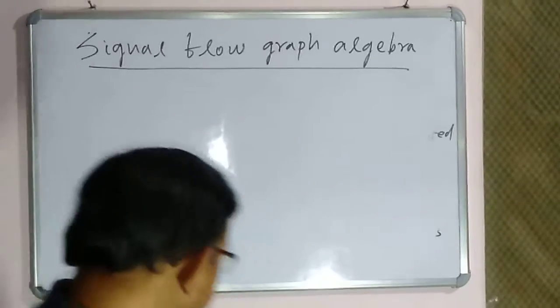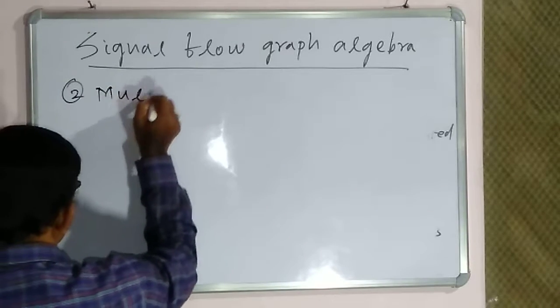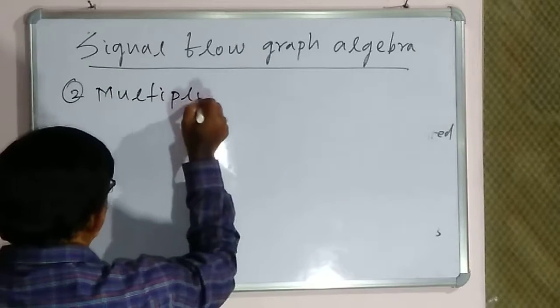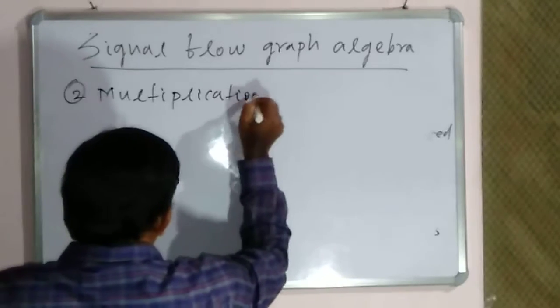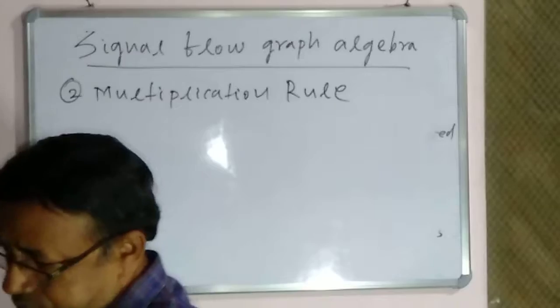The next rule is called multiplication rule.